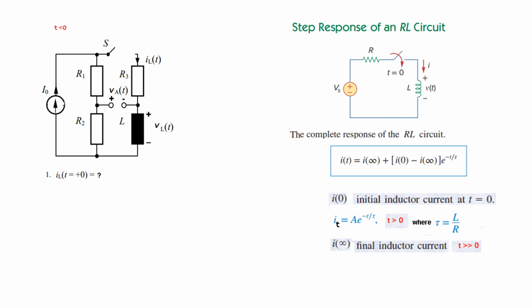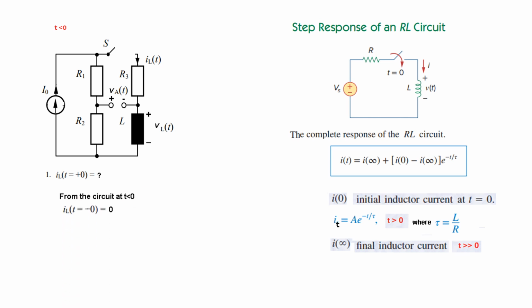Now the first question was to find iL(0+). I hope you know the concept that before the switch is closed, we call it 0 minus, and the moment the switch is closed, that is called 0 plus. In case of an inductor, the current does not change instantaneously, so whatever is the current at 0 minus, it will be the same at 0 plus.